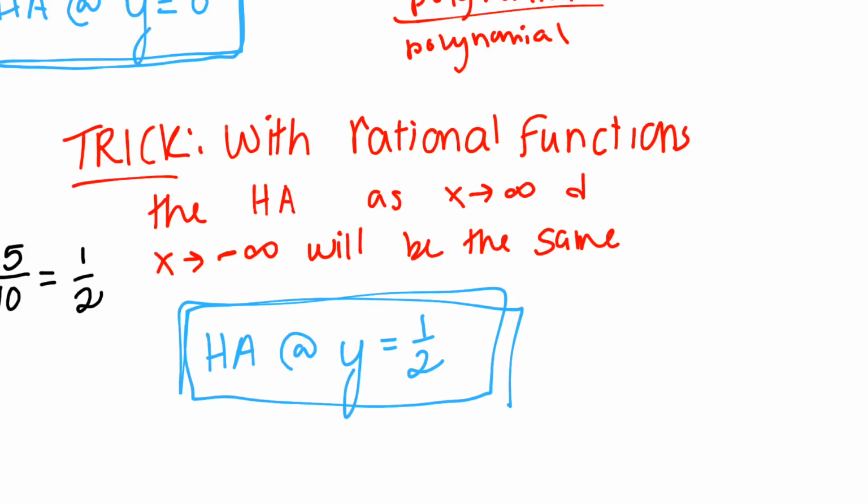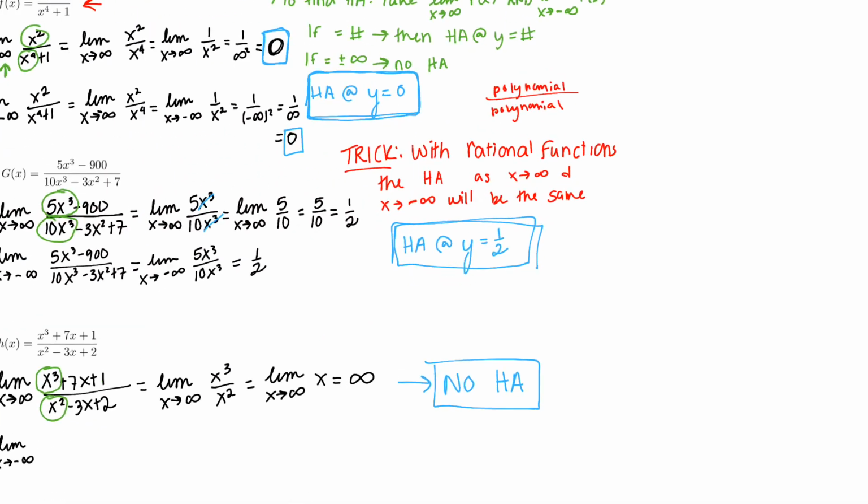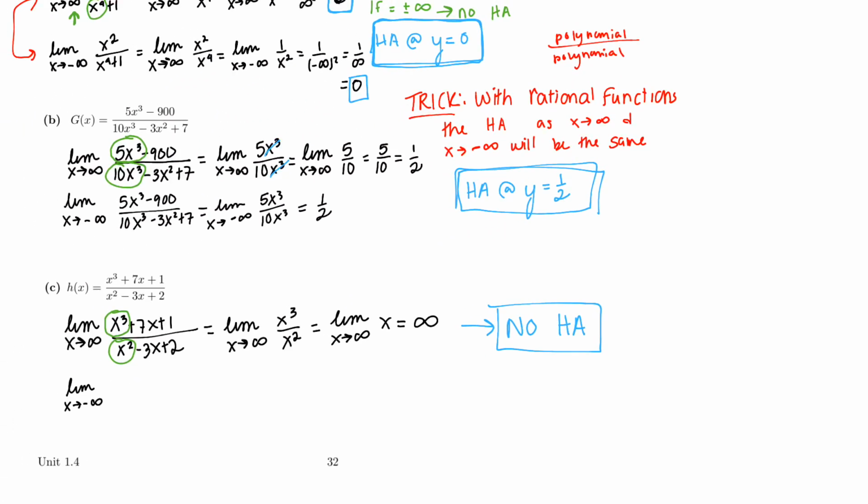It's not necessarily the limits, because the limits in this one are going to turn out different. It's just that they're going to have the same horizontal asymptote, which is none. So important correction there. Make sure you correct that. The horizontal asymptotes will be the same.